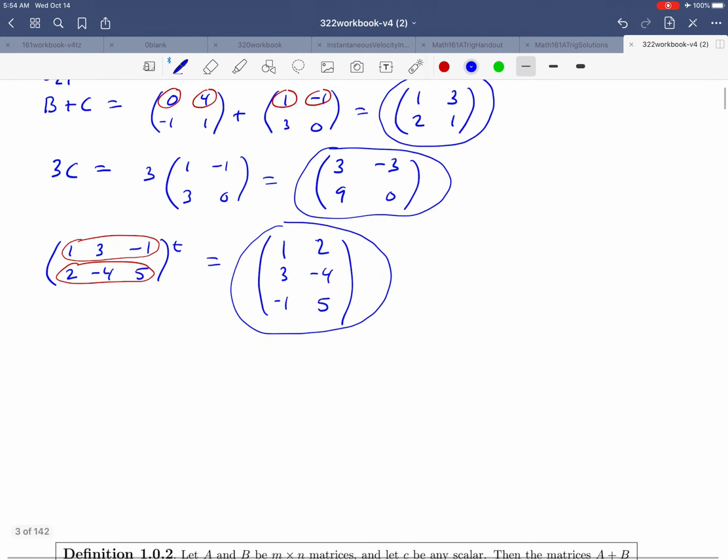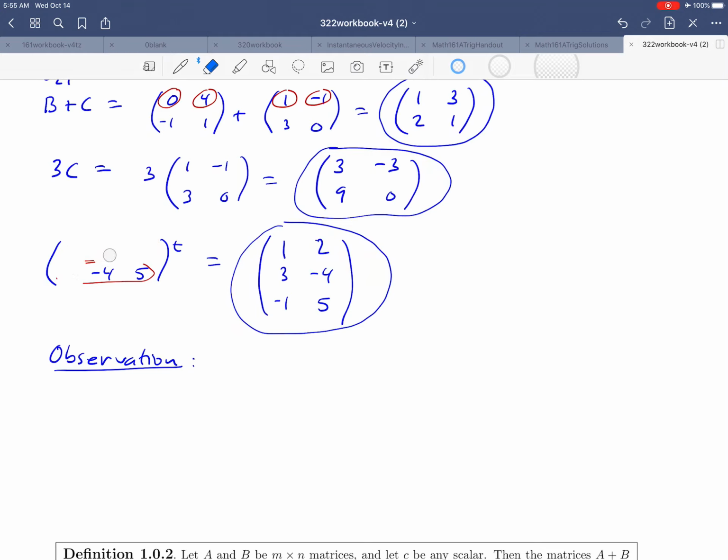We can make kind of an interesting observation on the end of that calculation that we did. I'm going to clear a little bit of clutter away, as it's going to make it easier to do this calculation if we don't have all these things circled here. So what did we have here? 1, 3, -1, 2, -4, and 5.